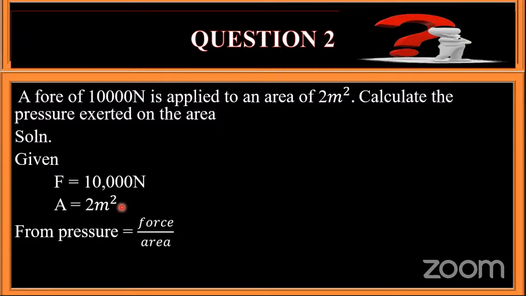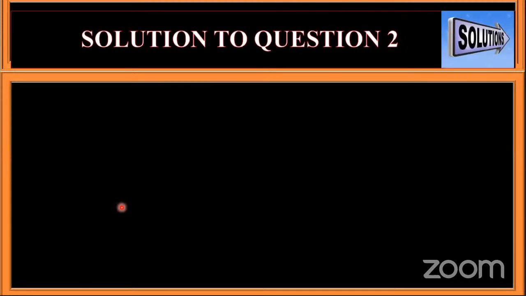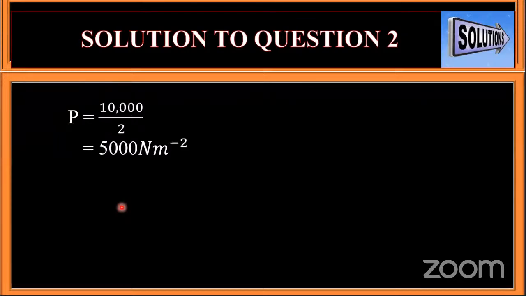Pressure will be equal to force divided by the area. So pressure will be force, which is 10,000, divided by area, which is 2, you get 5,000 newtons.